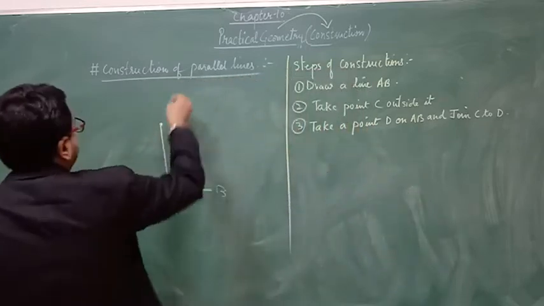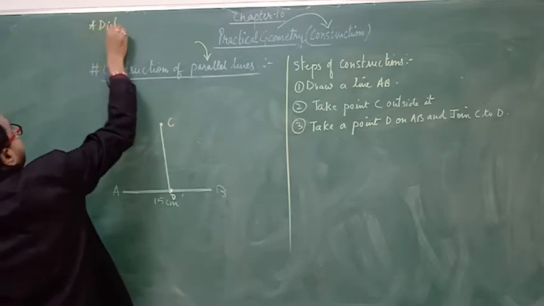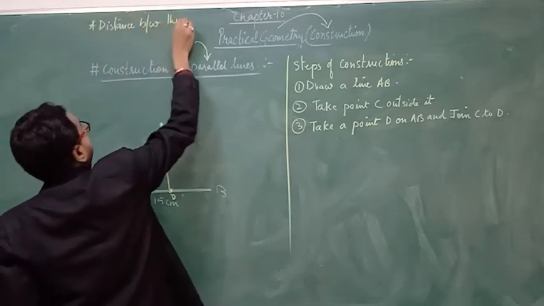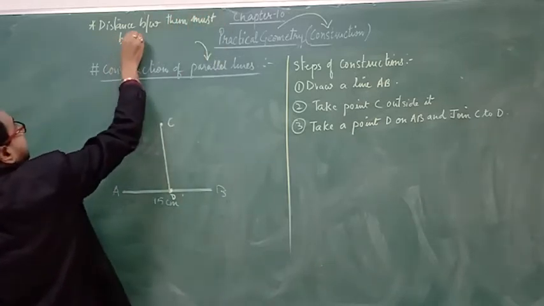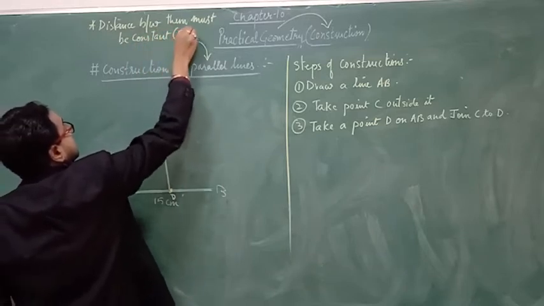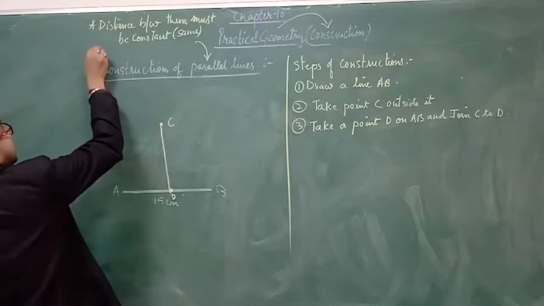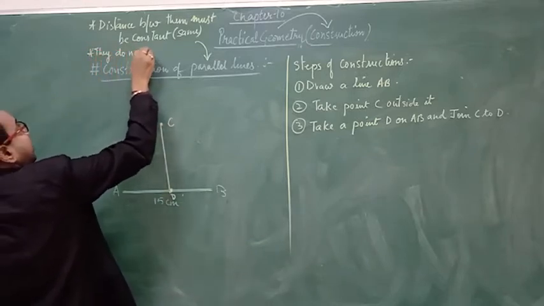What are the important properties of parallel lines? First thing, the distance between them must be constant. Constant means same. The distance throughout the parallel lines remains same. Hence, they do not intersect anywhere.